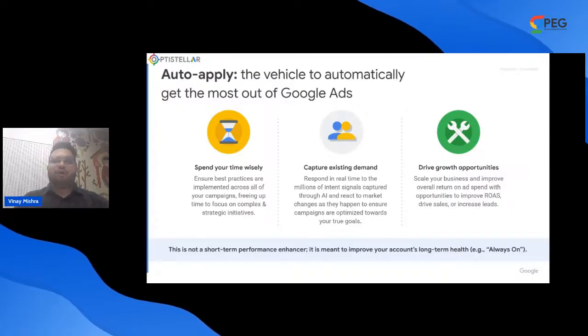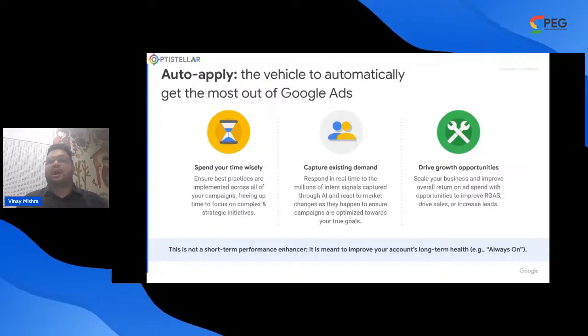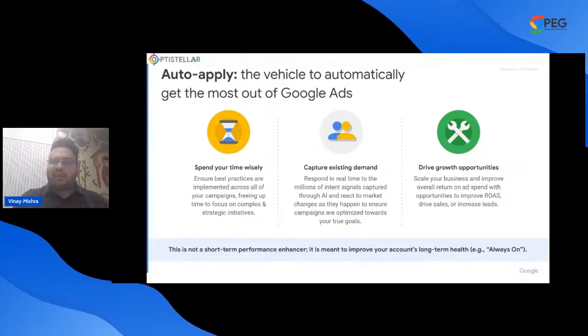Now, with respect to the auto apply recommendations part, this is something which is now being taken care of by the AI as we speak.